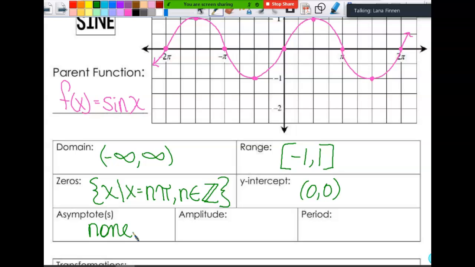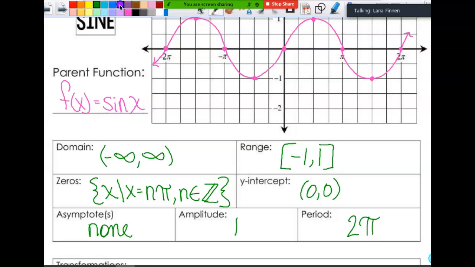But your amplitude goes along with your vertical stretch, and for the parent function it's from the x-axis to the highest point, so your amplitude is just 1. And then your period, how long does it take for you to go through that one cycle right there? That is 2 pi. Okay, that's for your parent function. Okay, everybody good with all that?